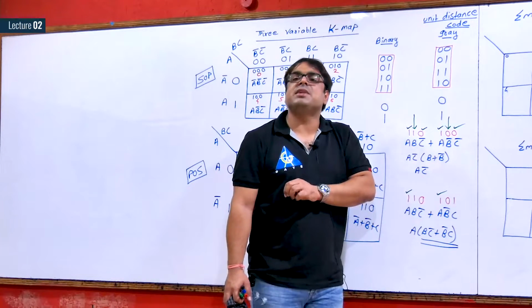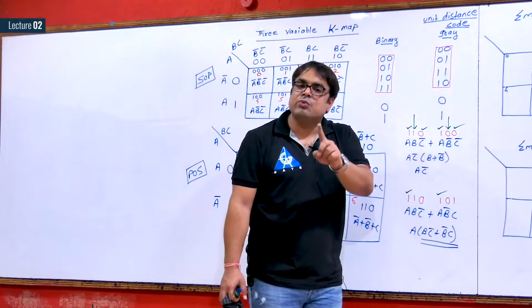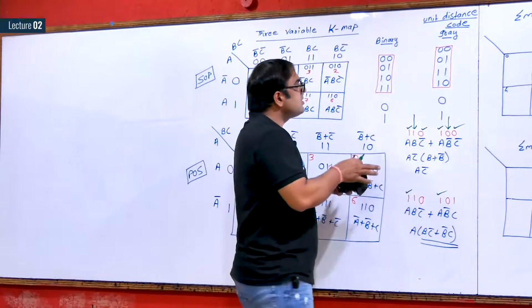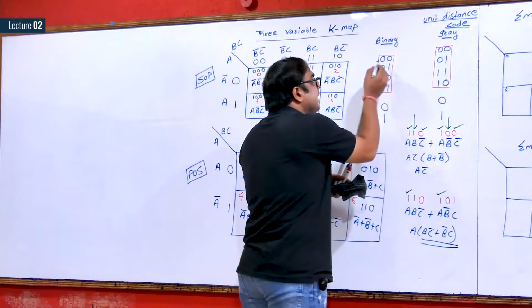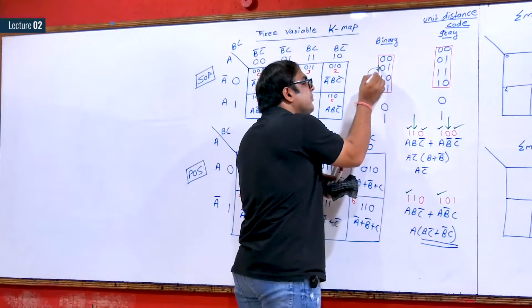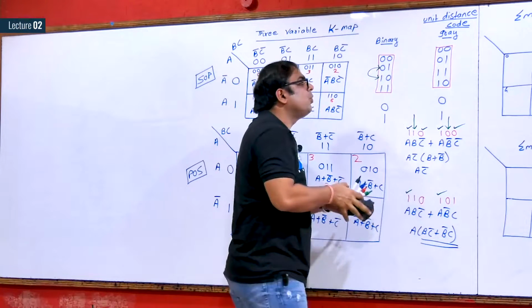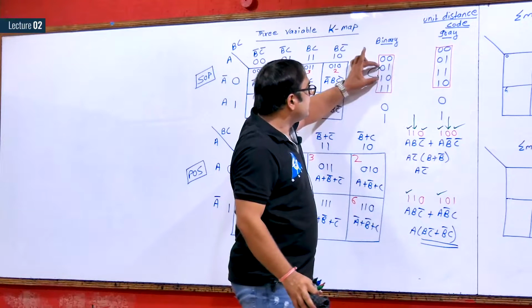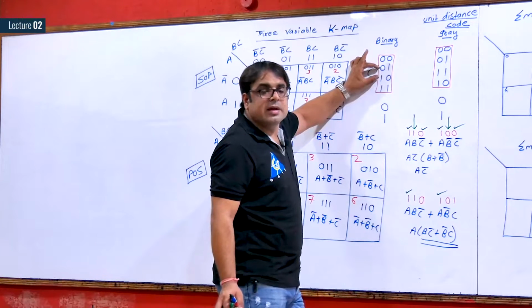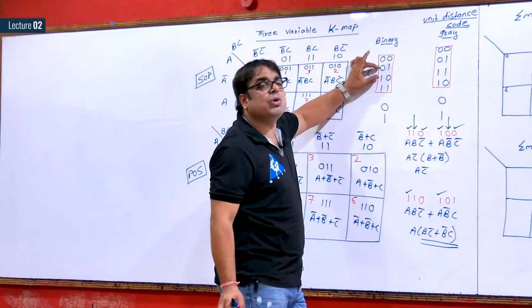So now please see here. There is a difference in both the bits. These are the sequential codes in binary.